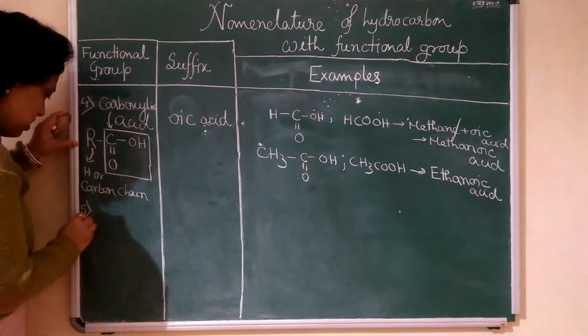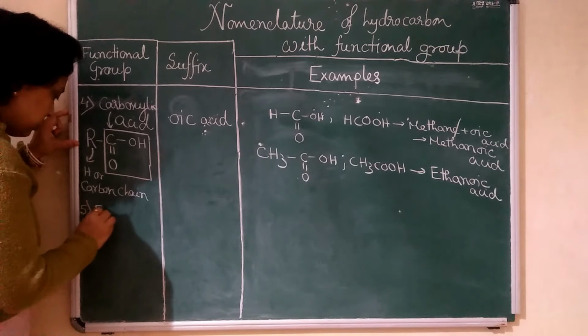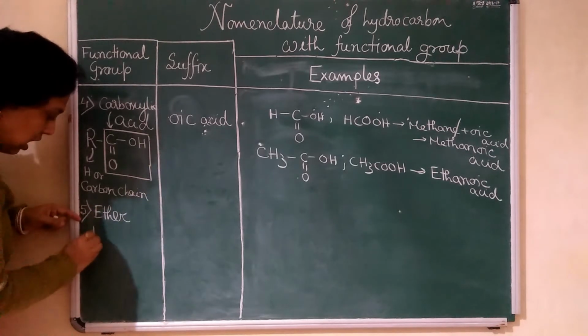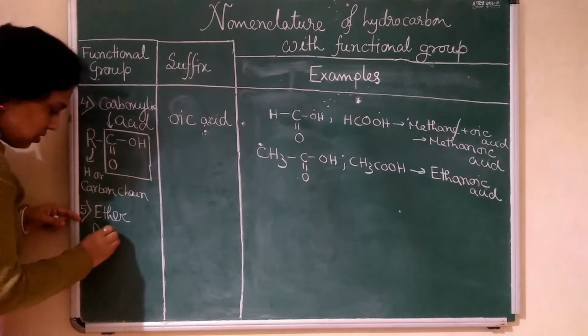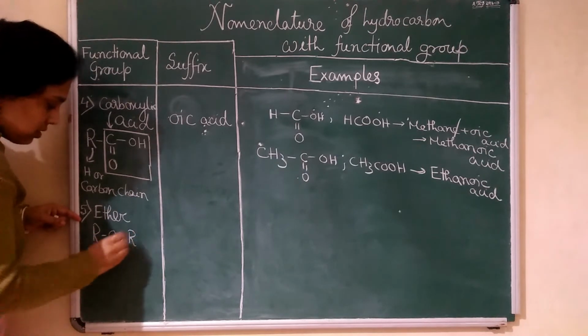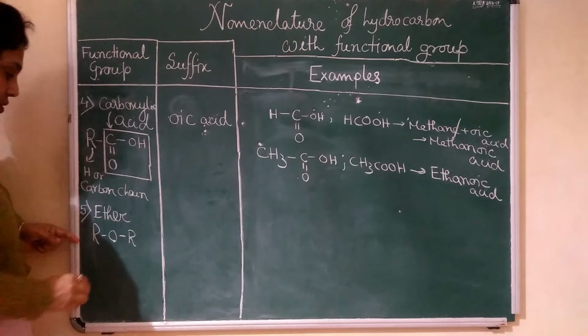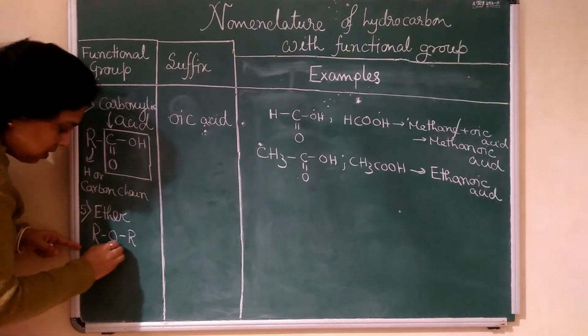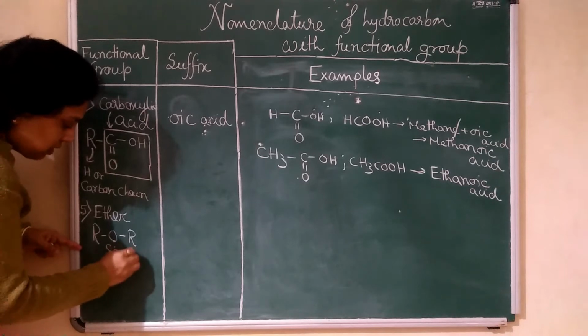Next, the fifth one is ether. Ether is ROR. Now this is again like ketone. Either this R is the same, so this is a simple ether.